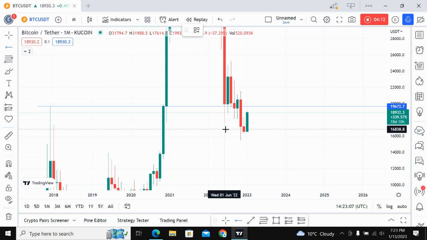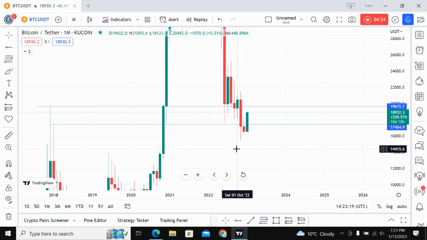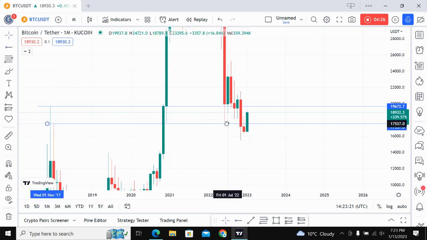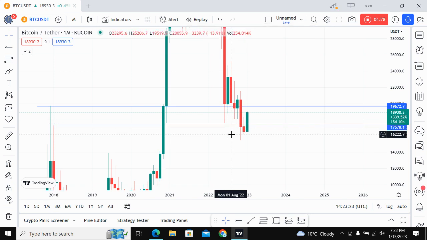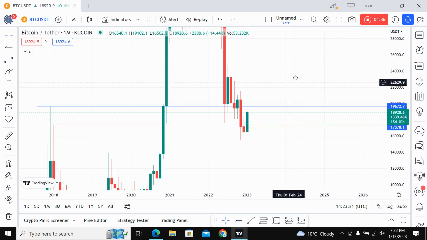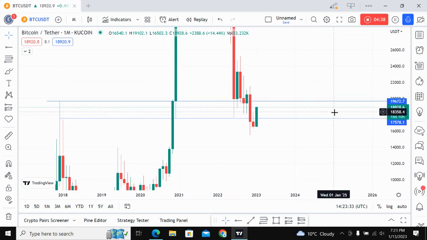Okay, another point which could act as support is this one, but let me go a little bit above it. This point, this and this, so I can mark it like here. Just to be a little bit more concise, this point could also act as strong support, which is around 17,600.